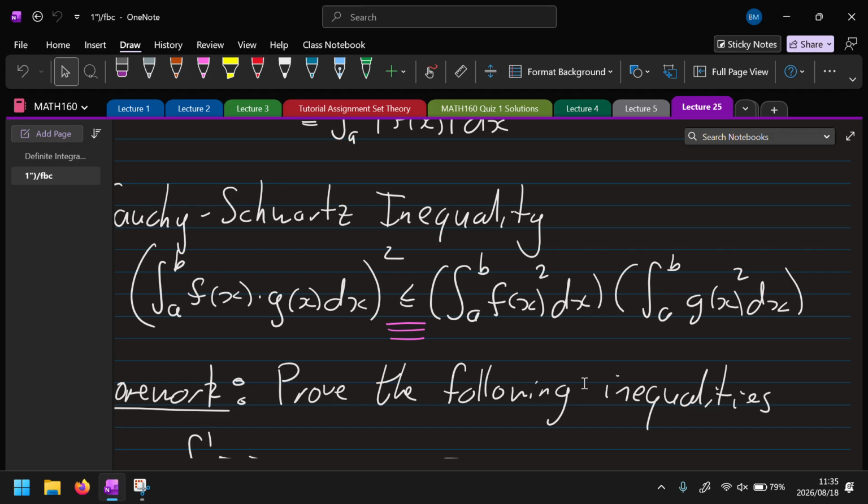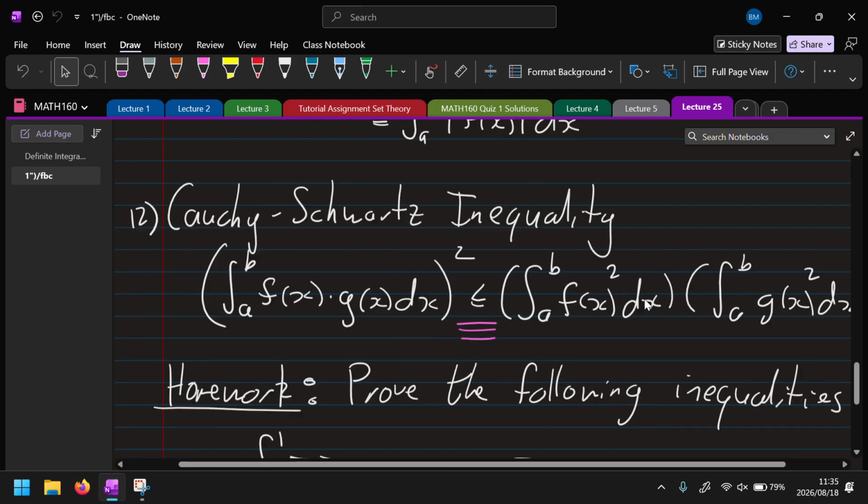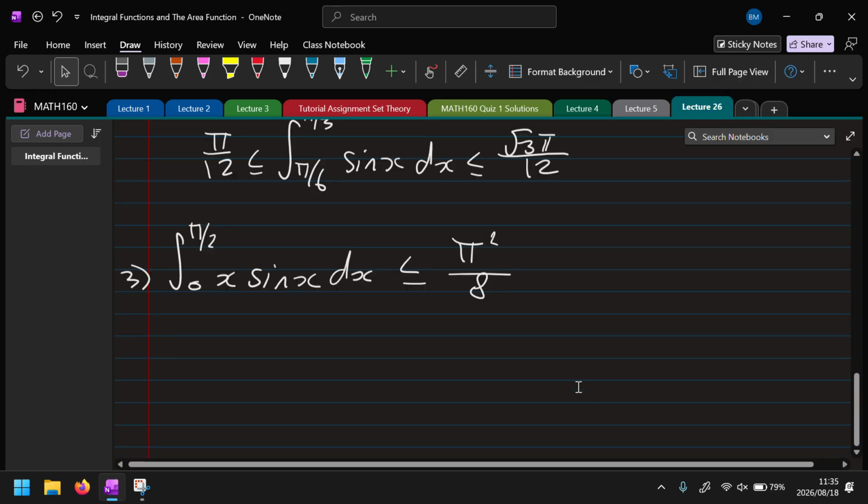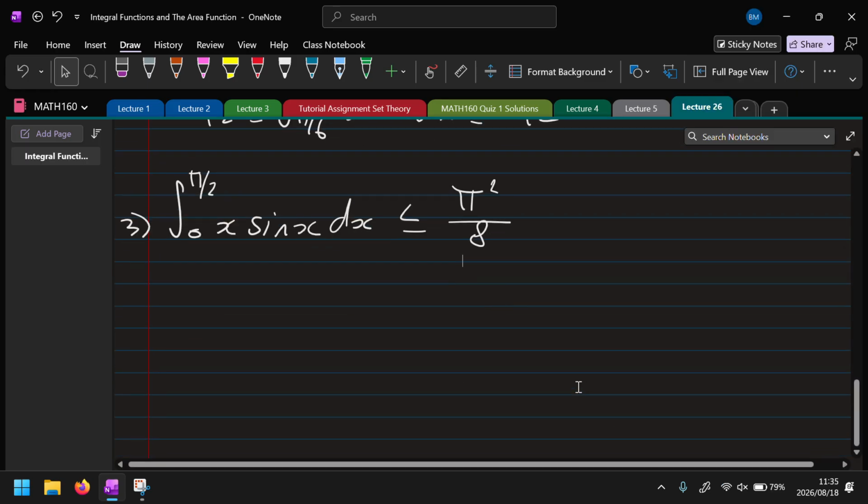However, in our case it's x sine x, so f will be x, and then we need to integrate x squared. That's doable. But for g, that will be integrating sine squared. Again, it's doable, but a little bit more difficult, so we want to avoid that. But again, it is possible. You can do it that way, but we're going to do it a little bit easier.